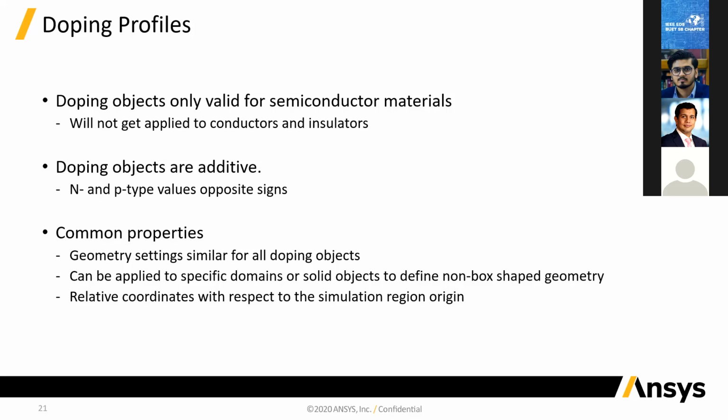Any geometry that falls inside the extent of a doping object gets doped by that doping object. Instead of using its own volume, you can also assign a doping object to a particular domain or a particular geometry, and then that entire domain or geometry will get that particular doping value. So you can dope something using that option as well.